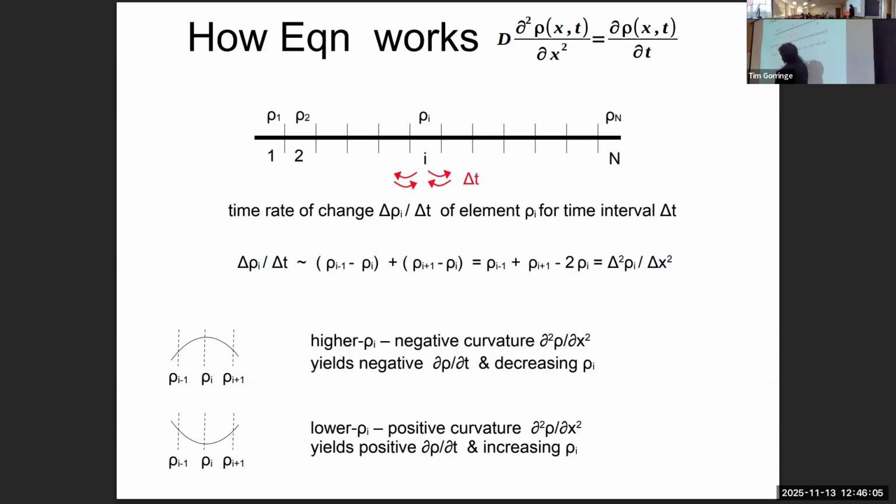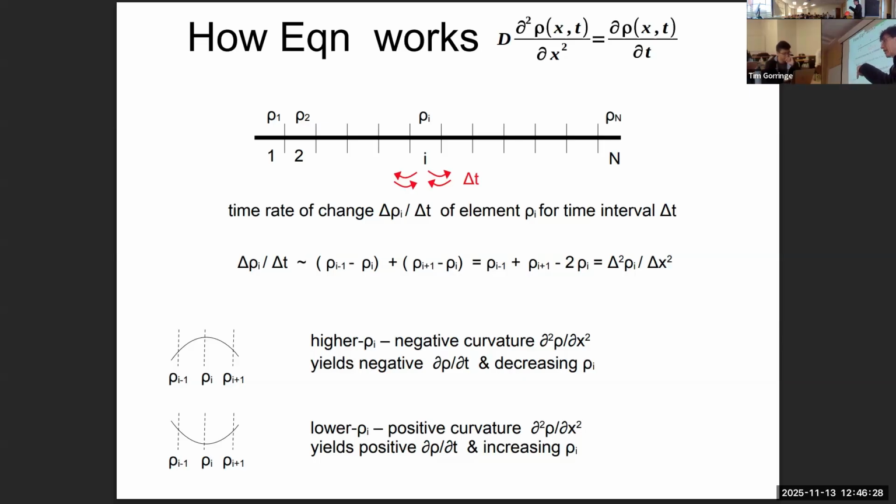Let's think about the time rate of change of the density of particles in this little element here. So I pick out one element, the ith element, that has one density, rho I, and that's going to change with time because of diffusion. What ways can it change in time?